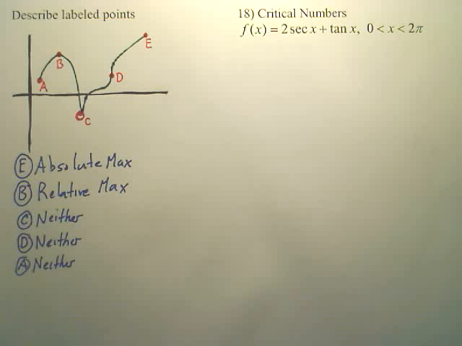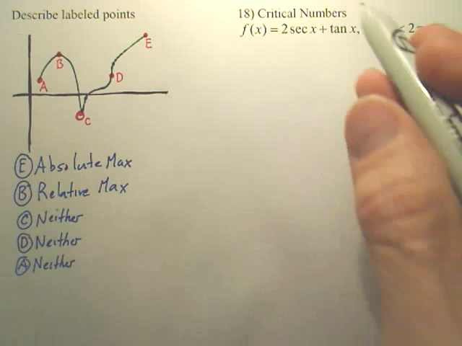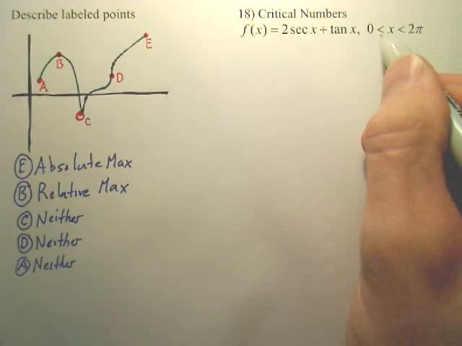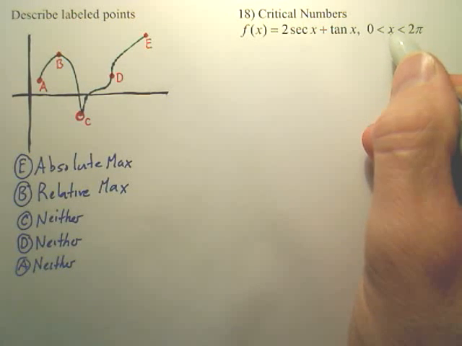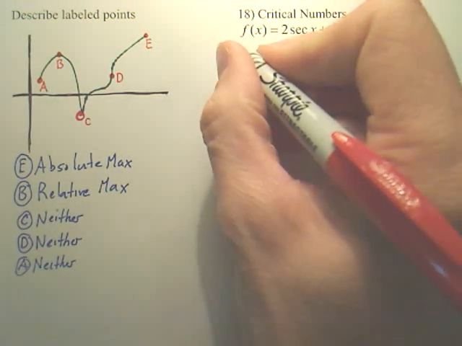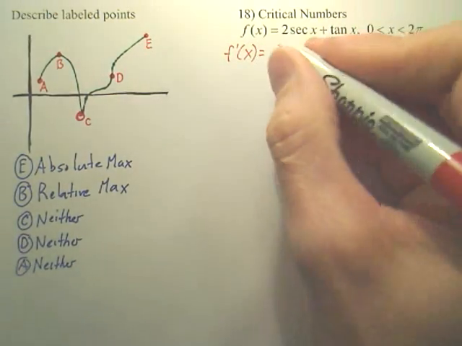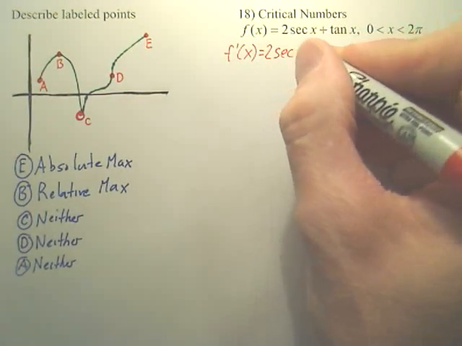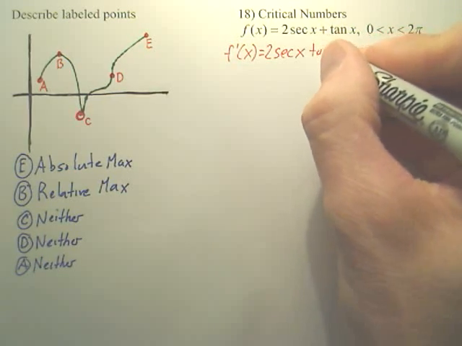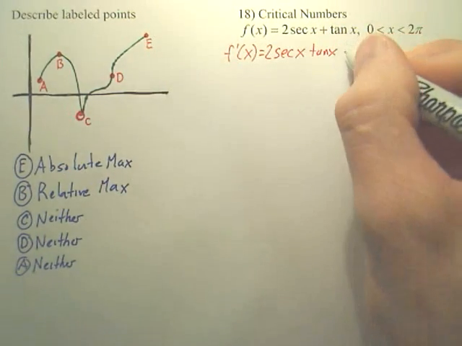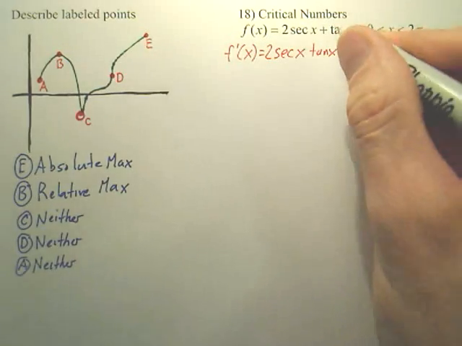All right, number 18. If we want to find the critical numbers on this interval, what we've got to do is find the derivative and set it equal to 0. So our derivative: 2 secant x tangent x, and then plus, what's the derivative of tangent?